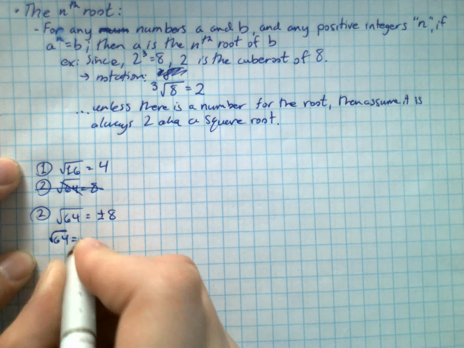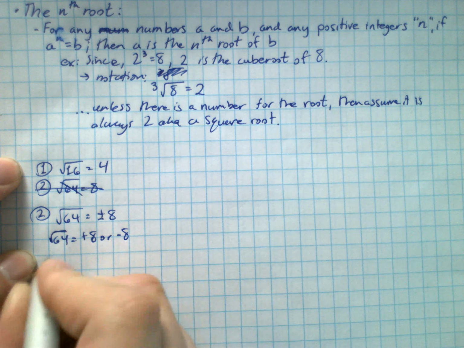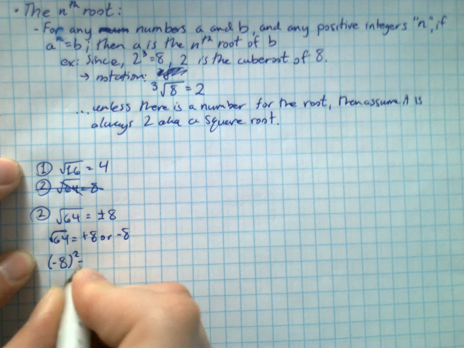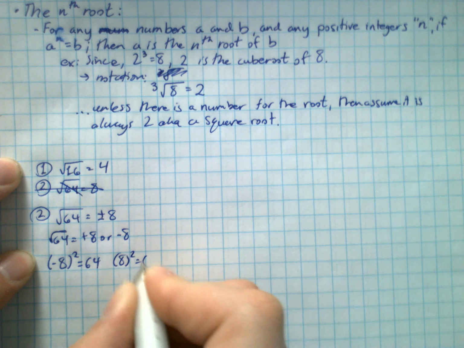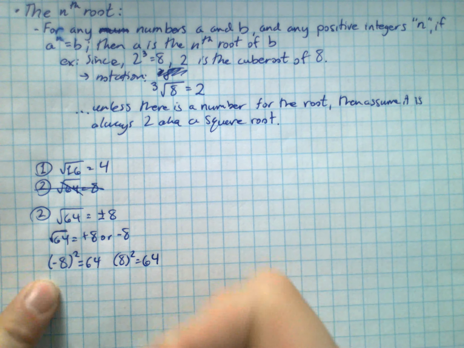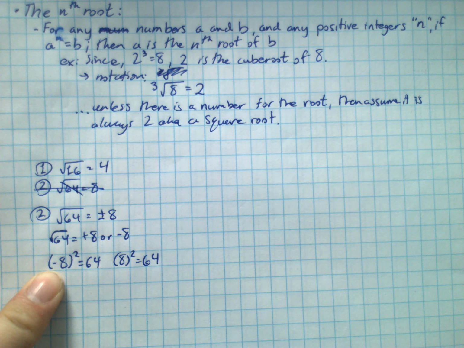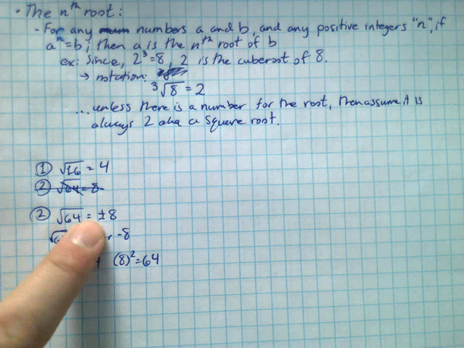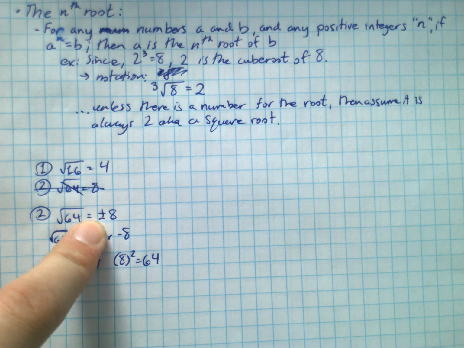Because I can do negative 8 squared and get 64, and I could do 8 squared and get 64, because the negative is essentially implied, albeit relatively clunkily, that's a word, okay, but it's implied, which means that whenever you do the square root of 64, you will actually get 2 answers, which actually makes sense given squares.